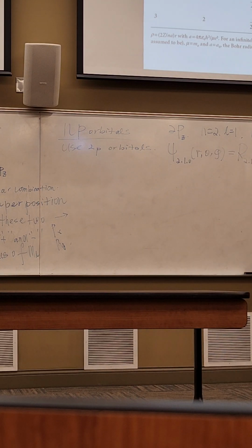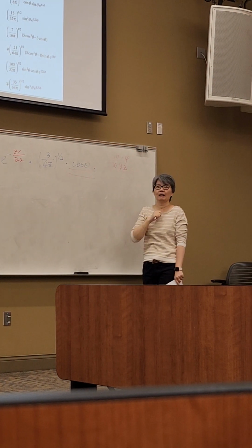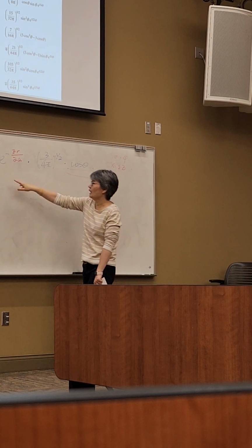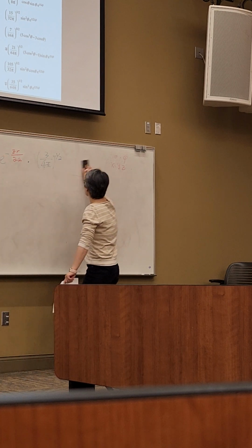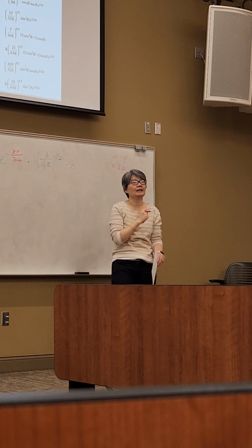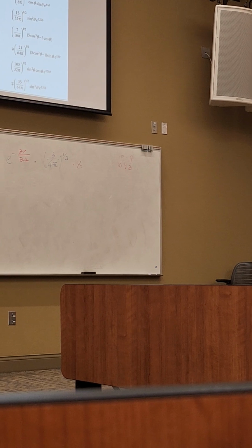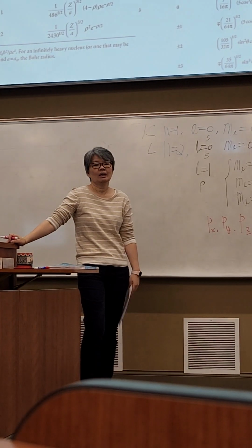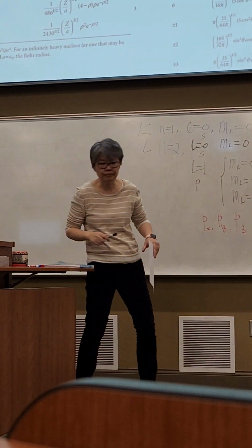The conversion between r, theta, and phi to x, y, and z. Now I want to tell you, r times cosine theta equals the variable z in the Cartesian coordinates. You may ask, where am I going here?